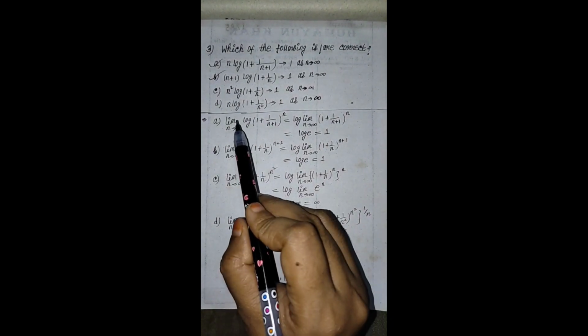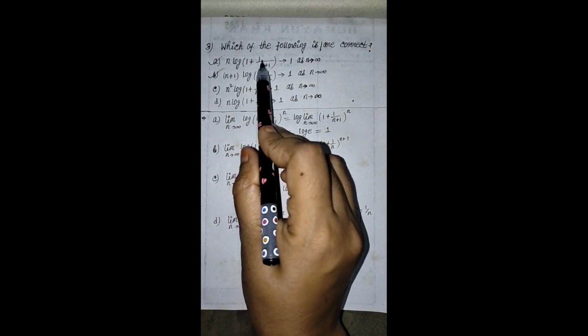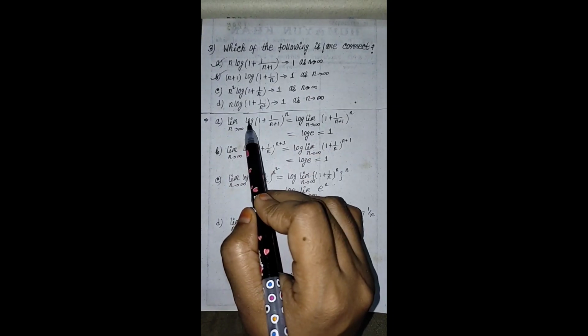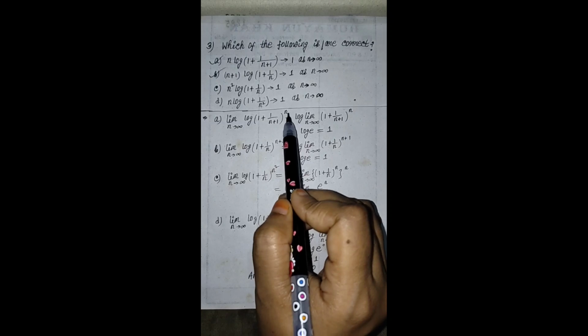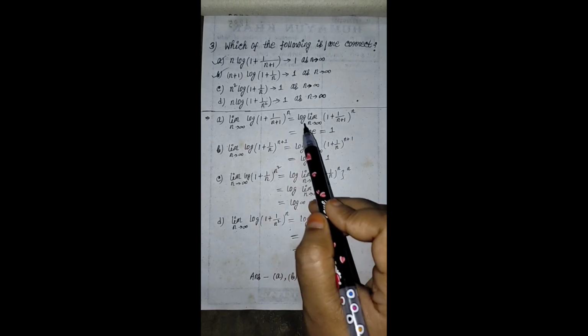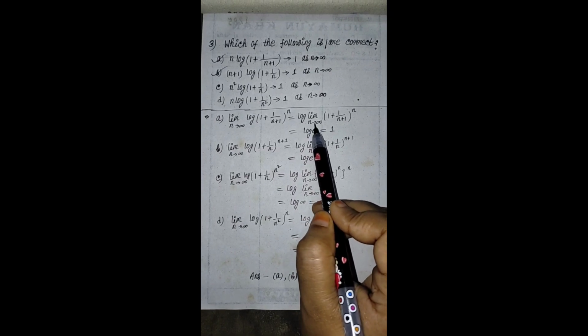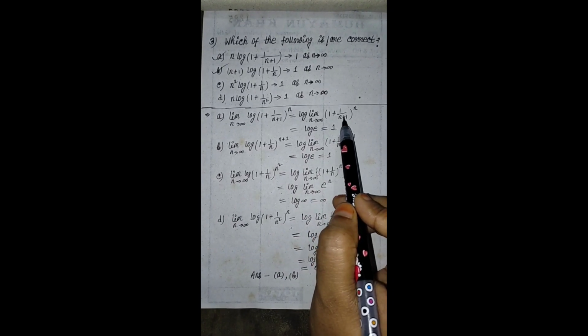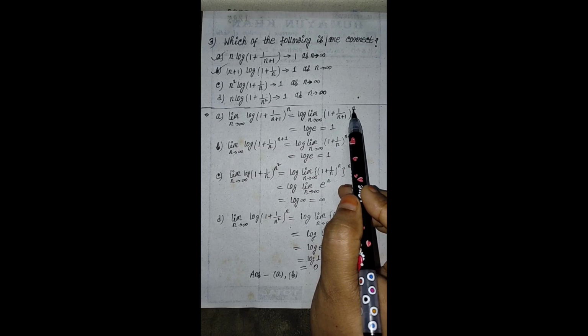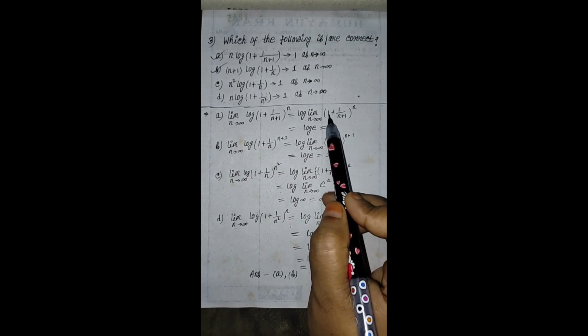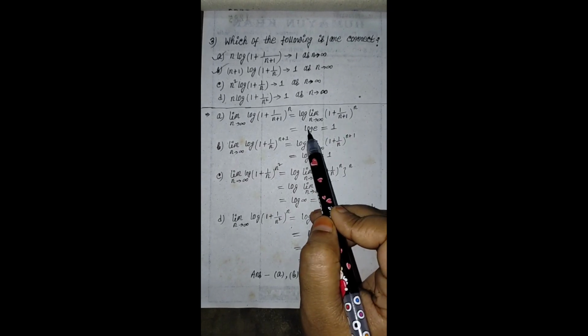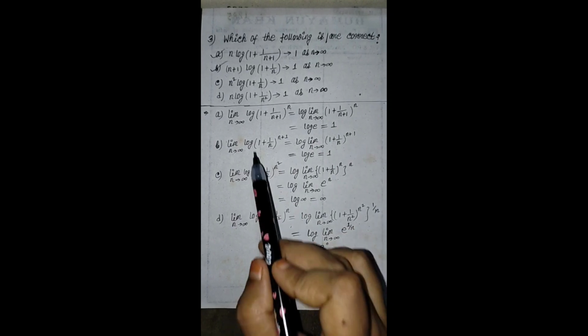Limit n tends to infinity, n log(1 plus 1 by (n plus 1)) equal to log (1 plus 1 by (n plus 1)) to the power n equal to, if we take log first then log limit n tends to infinity (1 plus 1 by (n plus 1)) to the power n. This is e, so log e equal to 1.